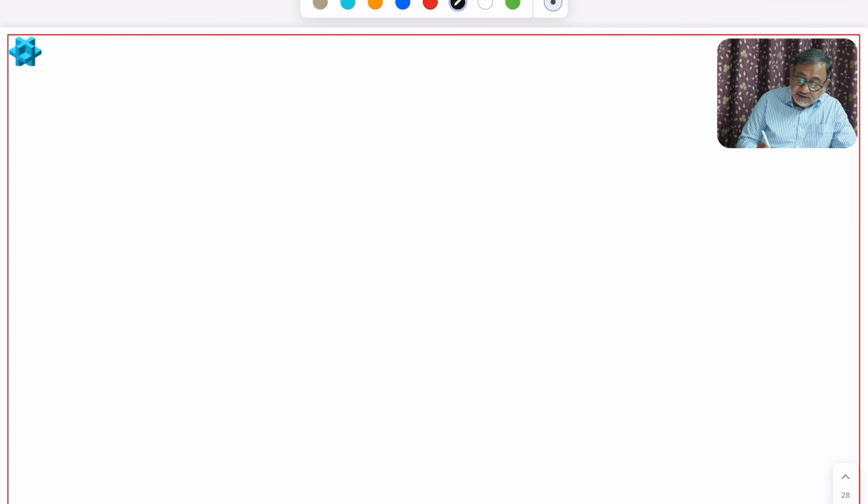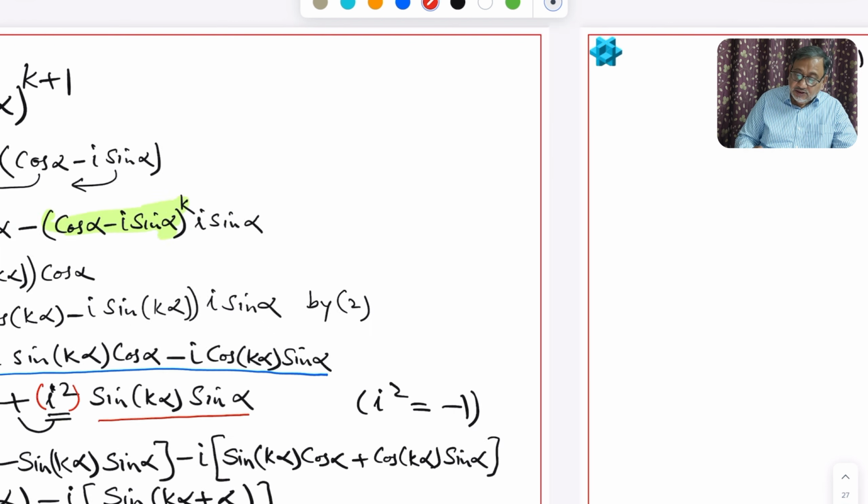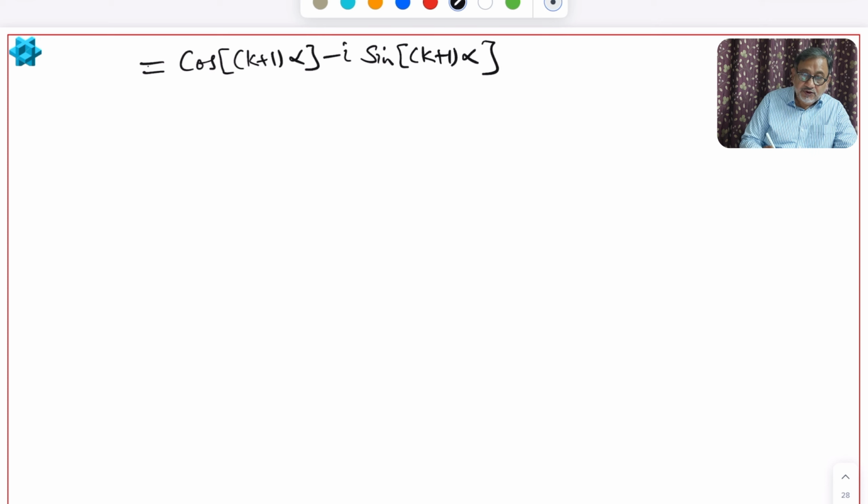On the next page I will further simplify it as cos of alpha I can take common, so k plus 1 alpha, and minus I sin of k plus 1 alpha, right? So I took alpha common from both of them. Look here, alpha and alpha common, right? So I am getting this answer, and this answer is exactly what we wanted to have.